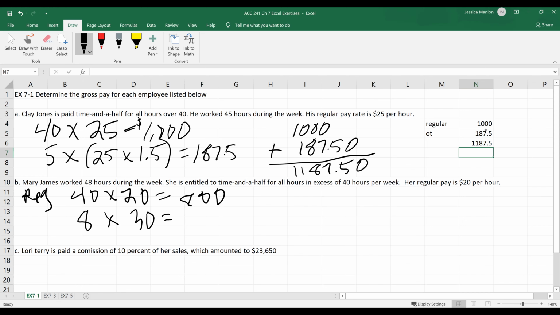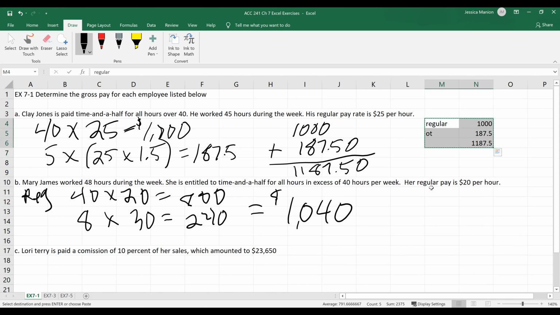Okay, so this is 800. This is 240? So 1,040 is what it would be. And again, we can double check ourselves. I'll just copy this so I don't have to keep typing it again.